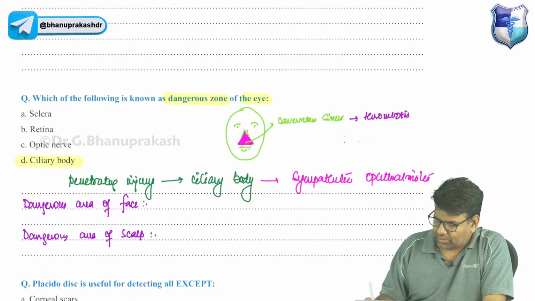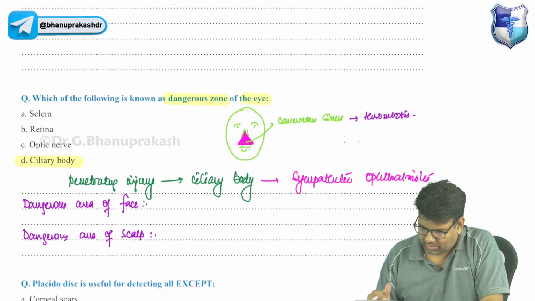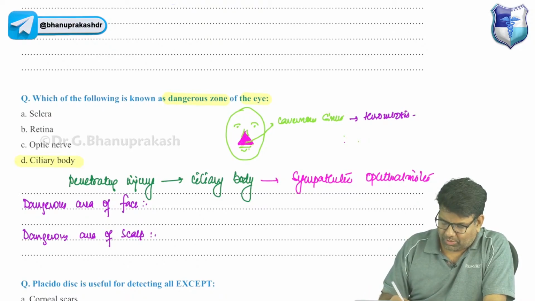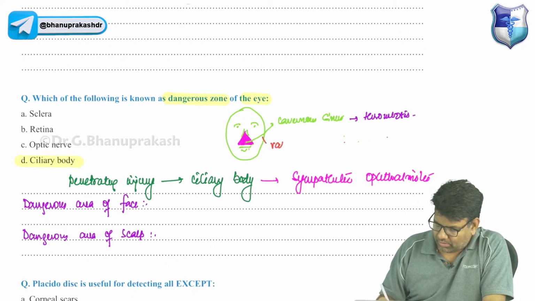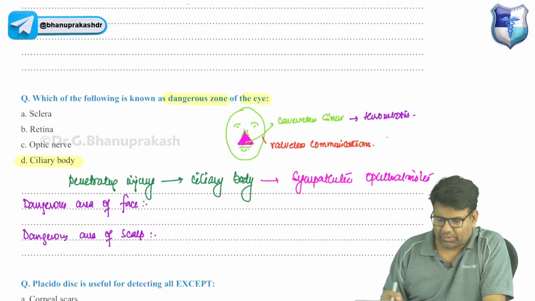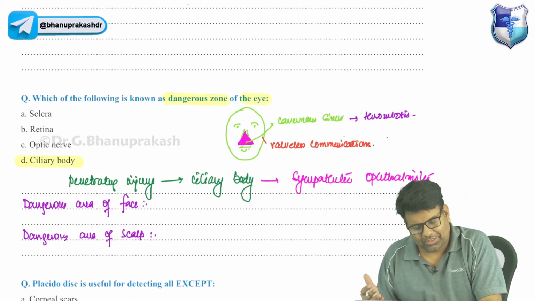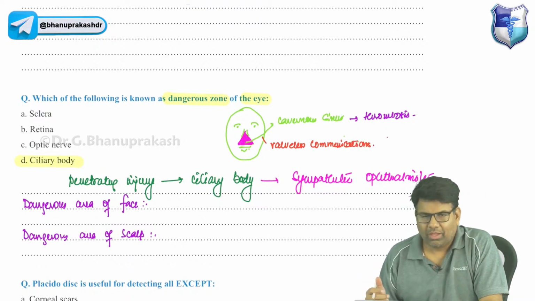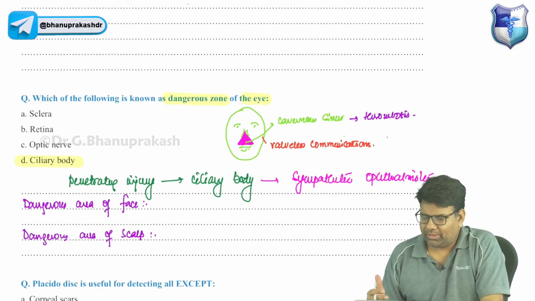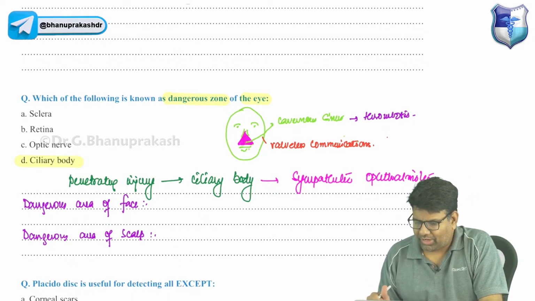That's why it is known as dangerous area of the face, because there is valveless communication between the branches of the facial veins and the cavernous sinus.